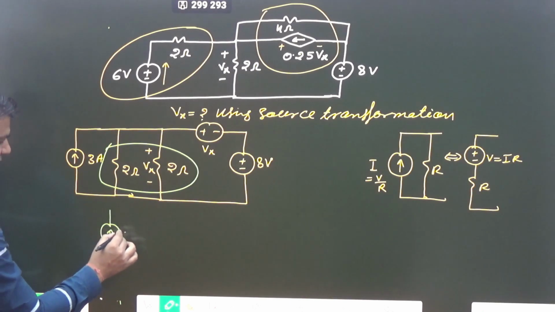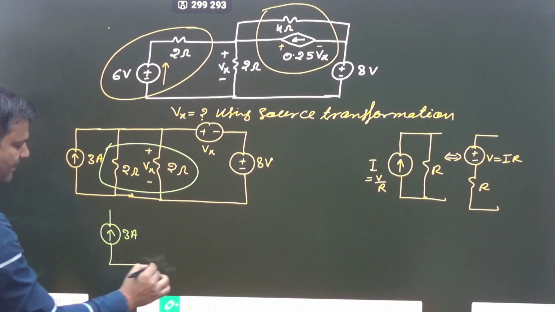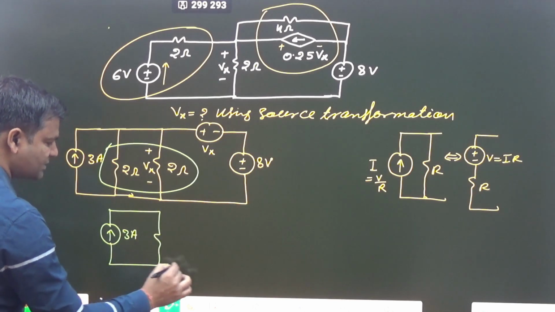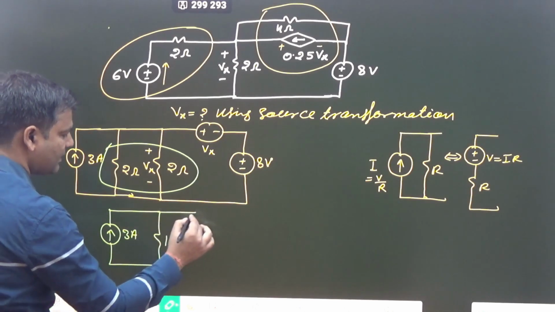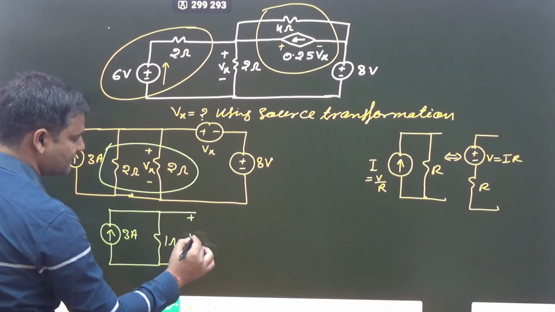this one is 3 ampere and that one is how much, 1 ohm, and that one is written Vx.